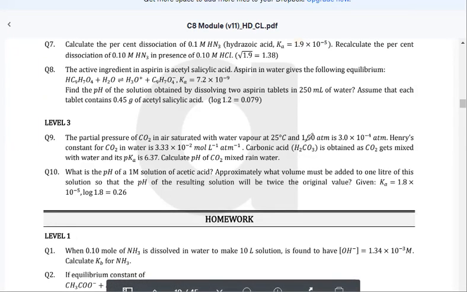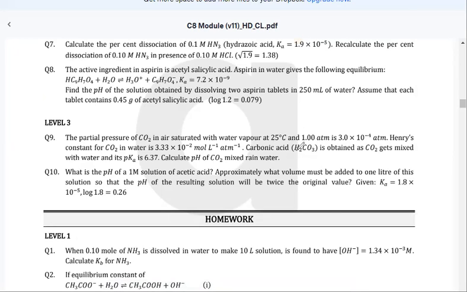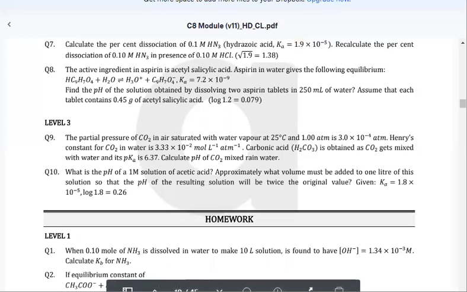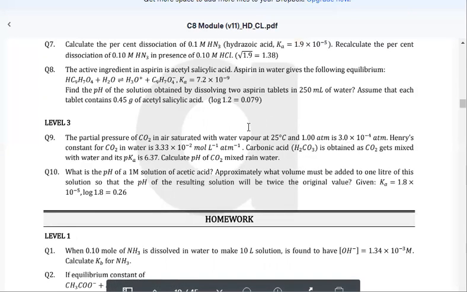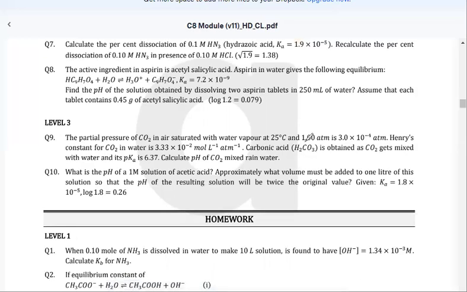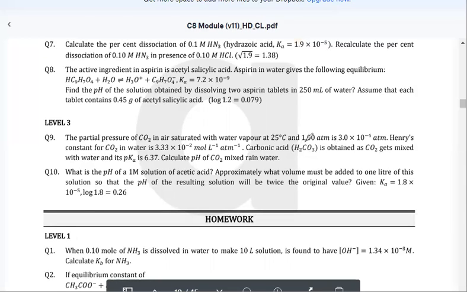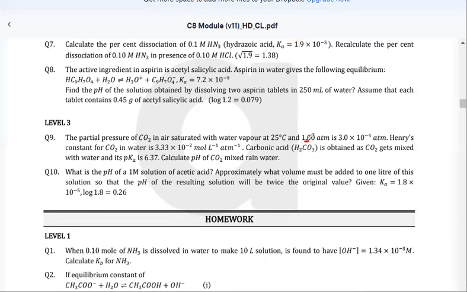The partial pressure of CO2 in air saturated with water vapor is 1 atm, and 1 atm is 3 into 10 power minus 4 atm.